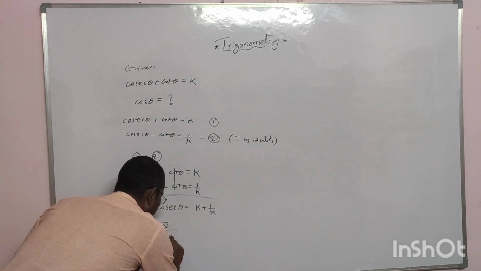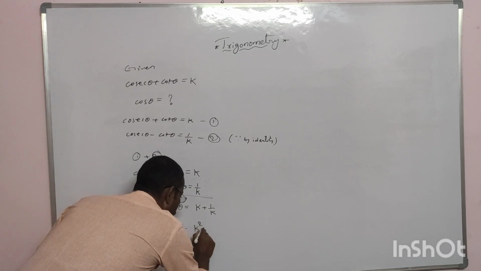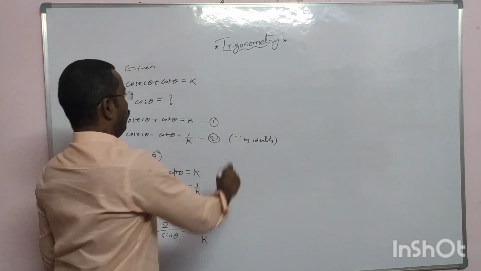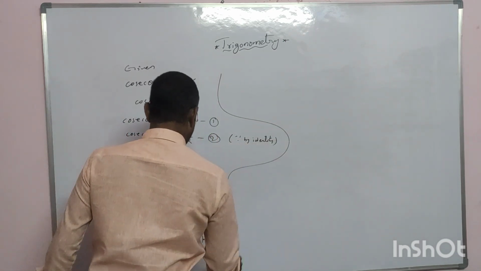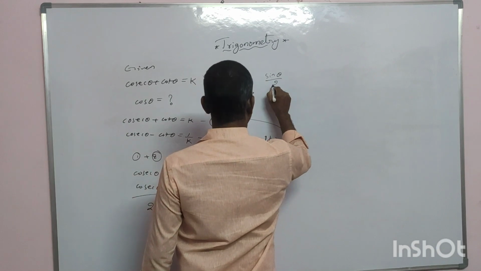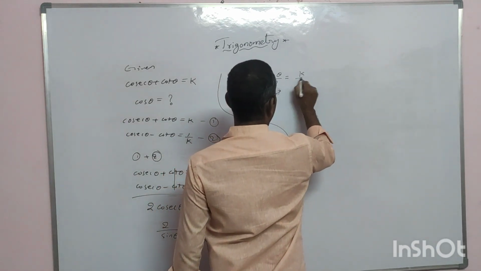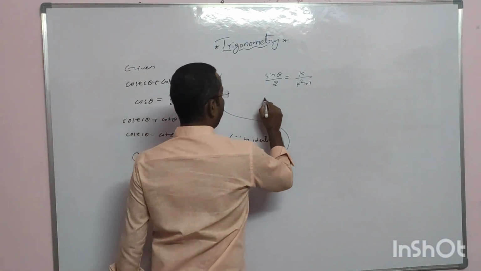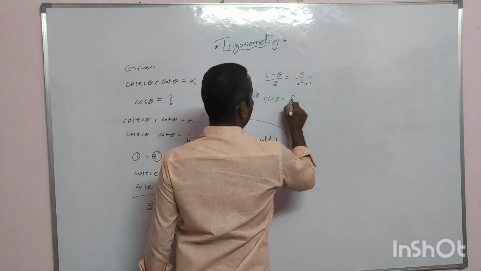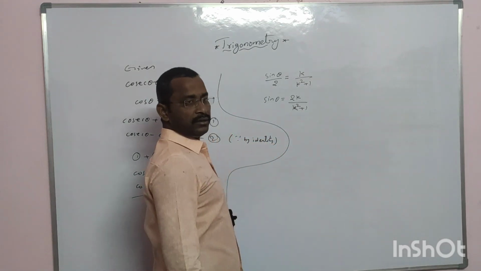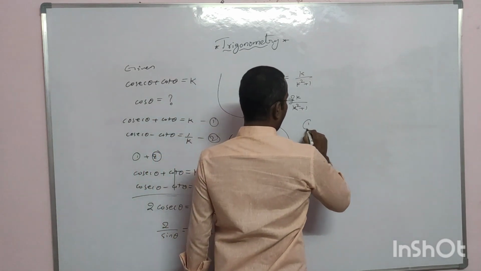So 2 by sin theta is equal to (k square plus 1) by k. Take the reciprocal of both sides. Sin theta by 2 is equal to k by (k square plus 1). Then sin theta is equal to 2k by (k square plus 1). That's over.